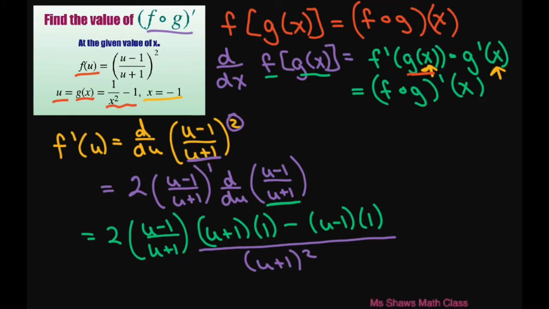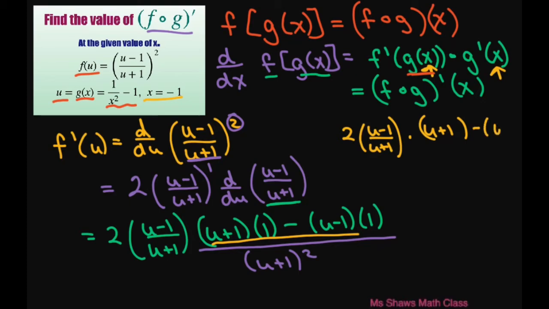Alright, now this is going to give you 2 times u minus 1 divided by u plus 1. Now, this piece here is just going to be u plus 1 minus u minus 1, divided by u plus 1 squared.